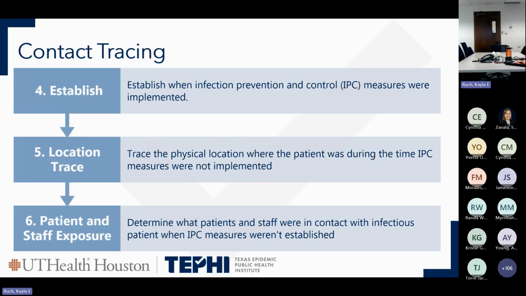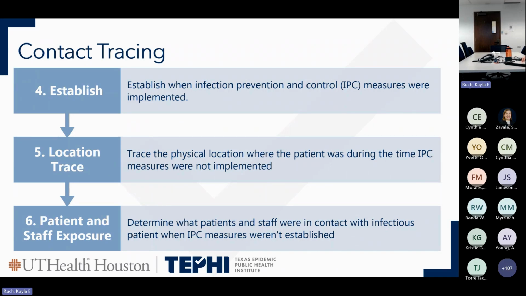So the difference is with step 6, you are now pulling the data of what patients and staff have been in contact. You have not interviewed them, but you're gathering your list of who potentially you now need to interview to make that determination. Were they in close contact? And what PPE was worn during that close contact, and is vaccination status applicable to them?